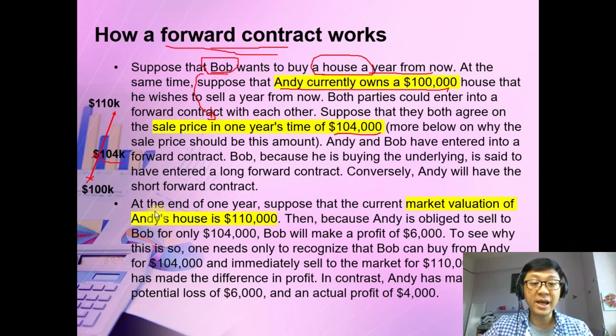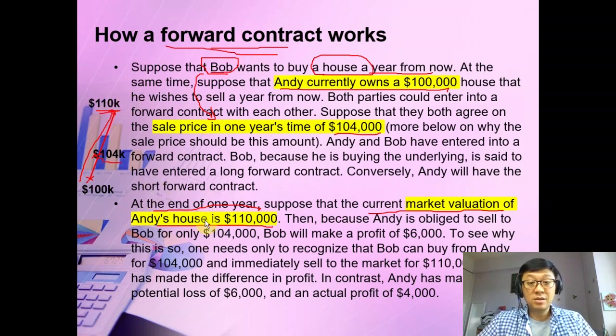Let's check. At the end of 1 year, what happened? The current market valuation price somehow has increased. It has gone up to this. So the market price goes up after 1 year. What happened? Because of the forward contract, Andy has no choice.